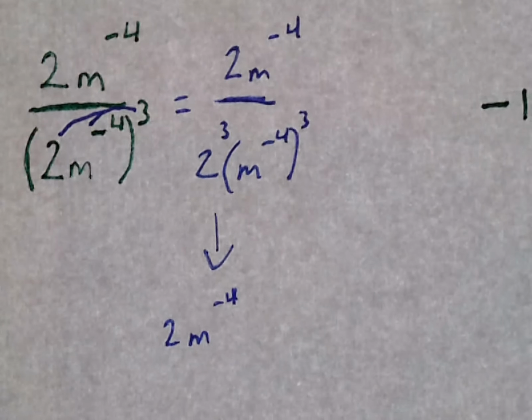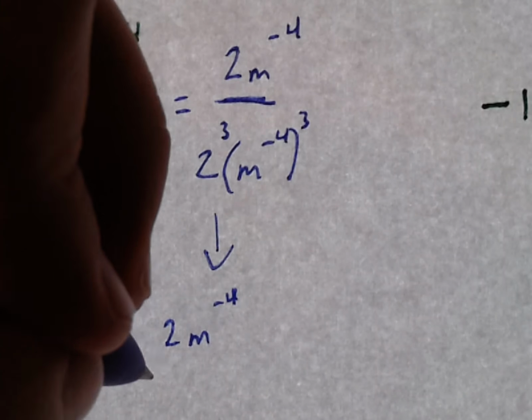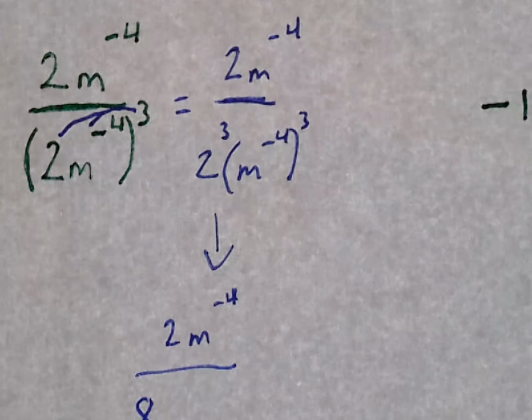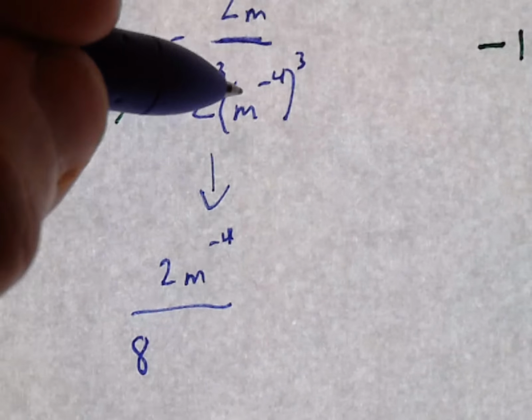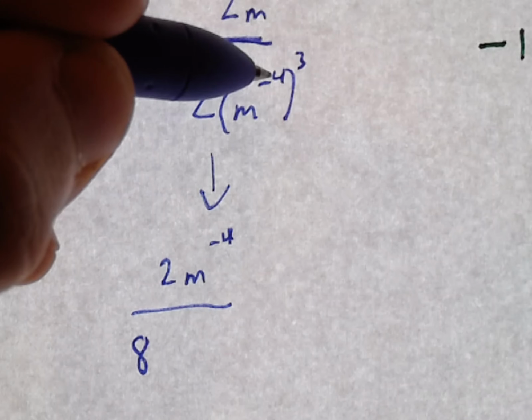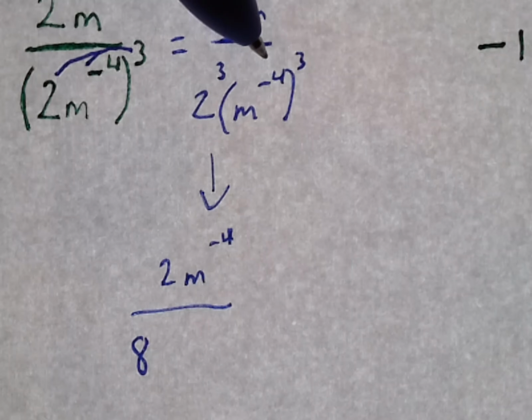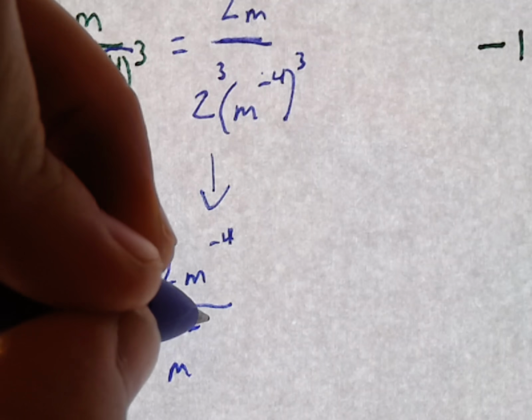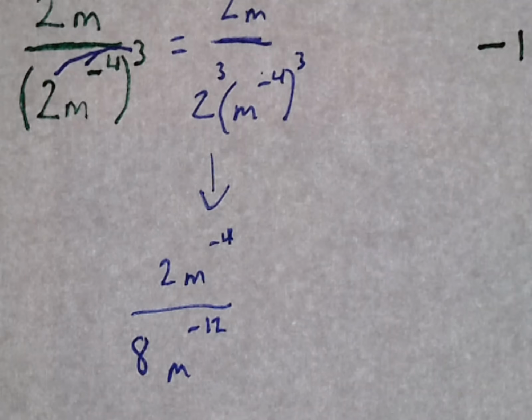I know that 2 to the 3rd is 8, so I'll get 8 over here. And then, because I'm putting a power to a power, I can multiply the exponents. Negative 4 times positive 3 gets me negative 12.